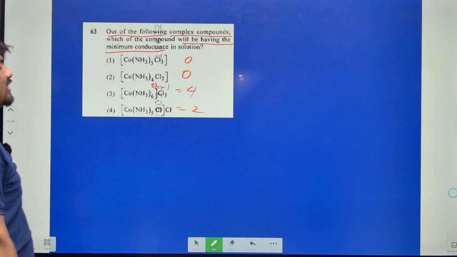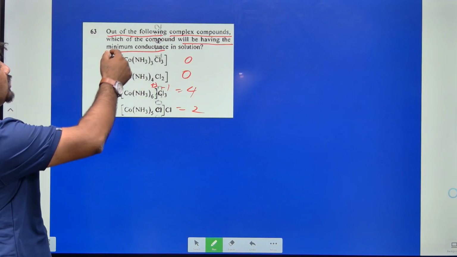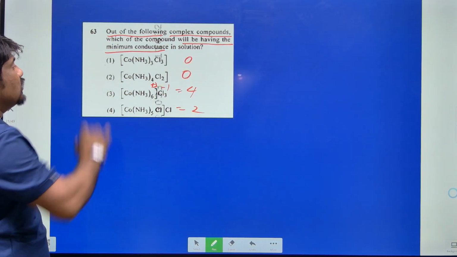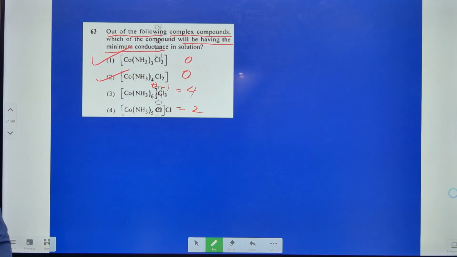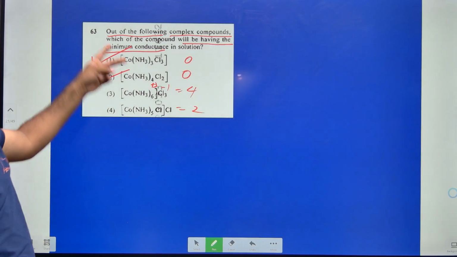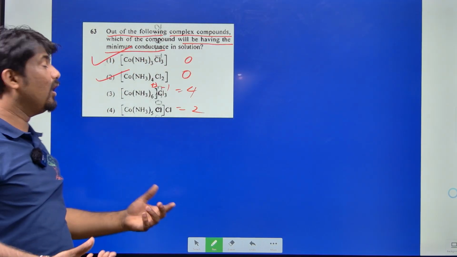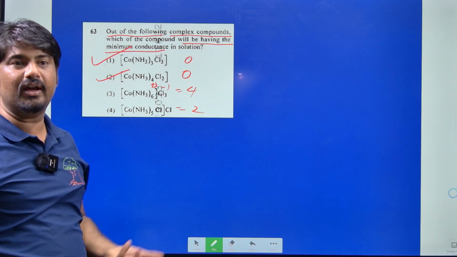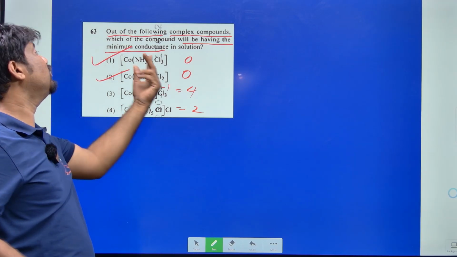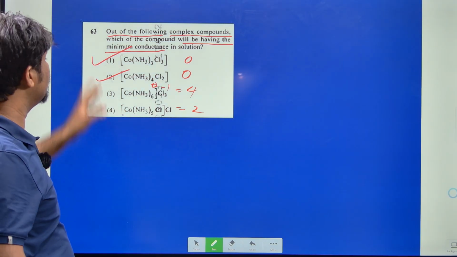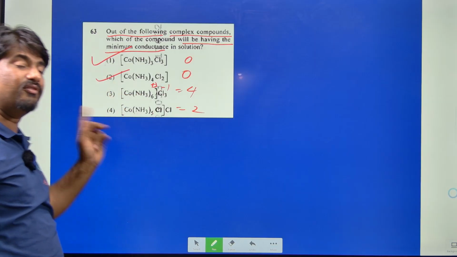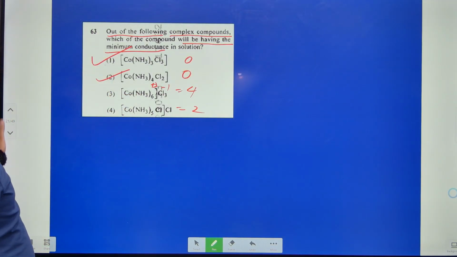So fewer ions come from option 1 and option 2. Both options are correct because both do not undergo ionization and do not give ions. Hence they both will show minimum conductance. So the first and second are the right answers for the question.